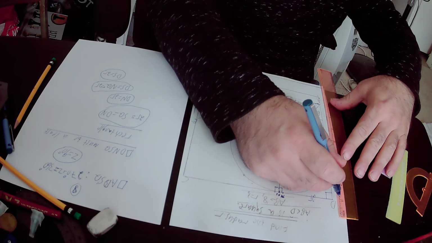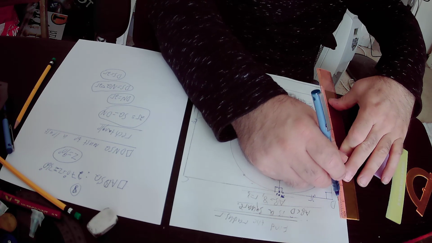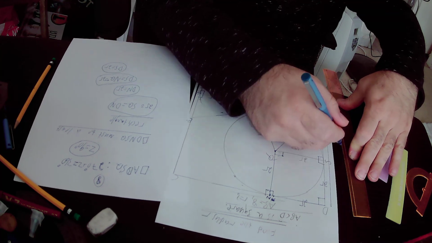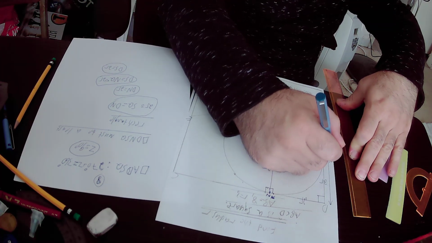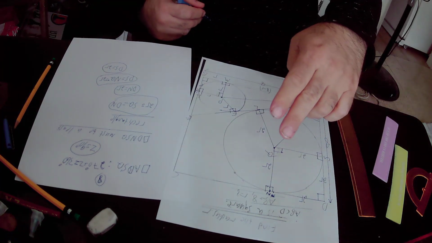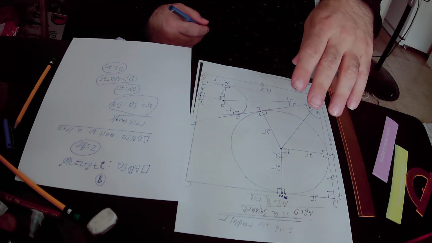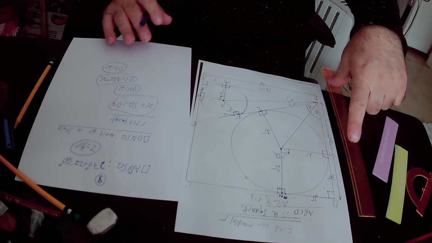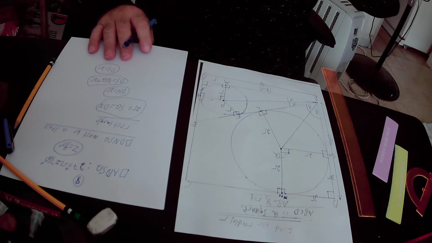So here DA or AD equals 8 units, because all the sides of any square are equal to each other. So in square ABCD, side DA will be equal to 8 units.